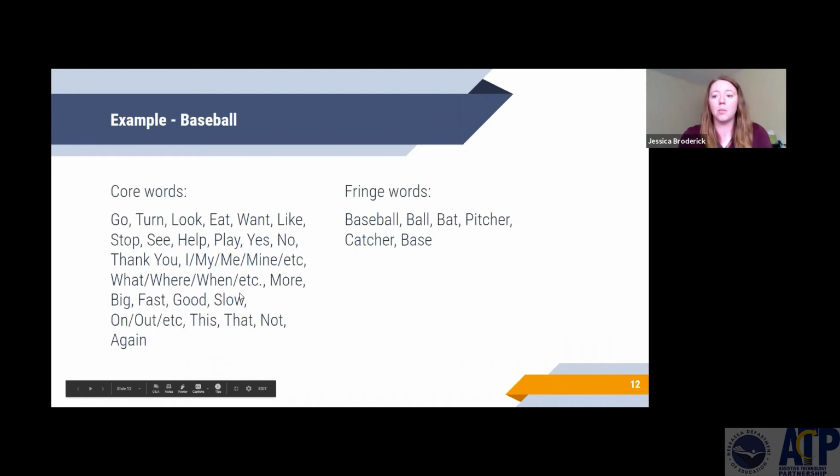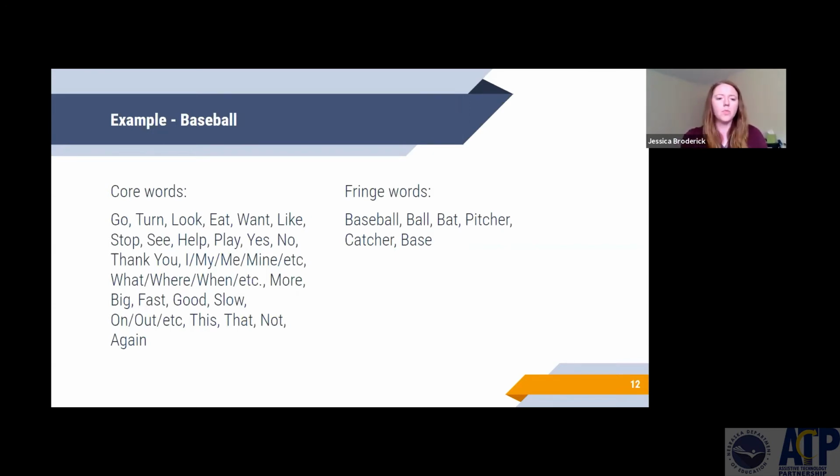As an example, if the topic is baseball, we're going to a baseball game, the activity is baseball. And we might have the words that I have listed on the left, the core words that we could talk about baseball. So go, turn, look, eat, want, like, all of those. And we might also then have the fringe words about baseball, like baseball, bat, ball, pitcher, catcher, base.